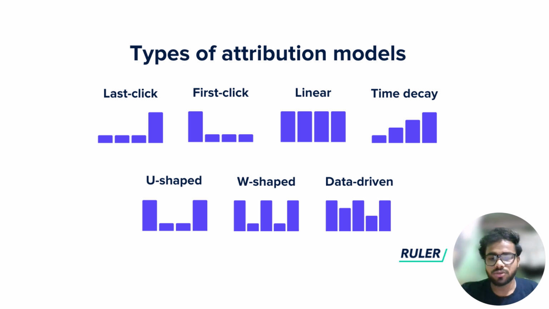In a W-shaped marketing attribution model, as I told you, the first touch point, the lead creation touch point, and the last touch point, basically the pre-conversion touch point, will each receive 30% of credit, and the remaining 10% will be divided between the other touch points. And last, the data-driven model that we just discussed right before this slide.